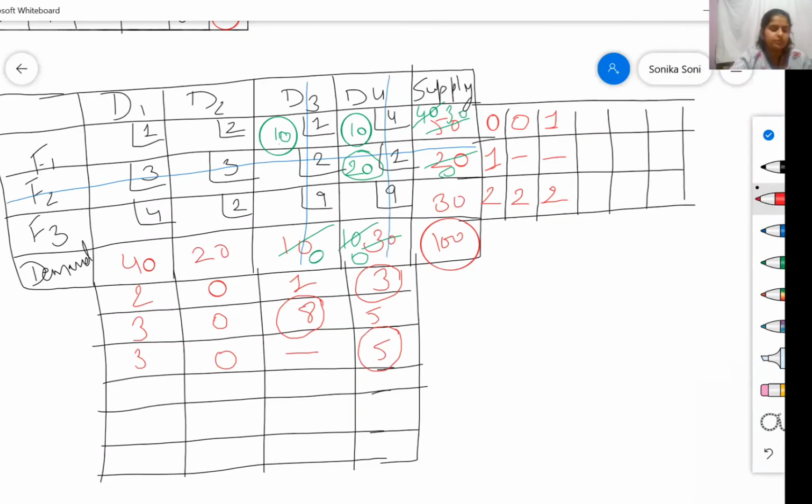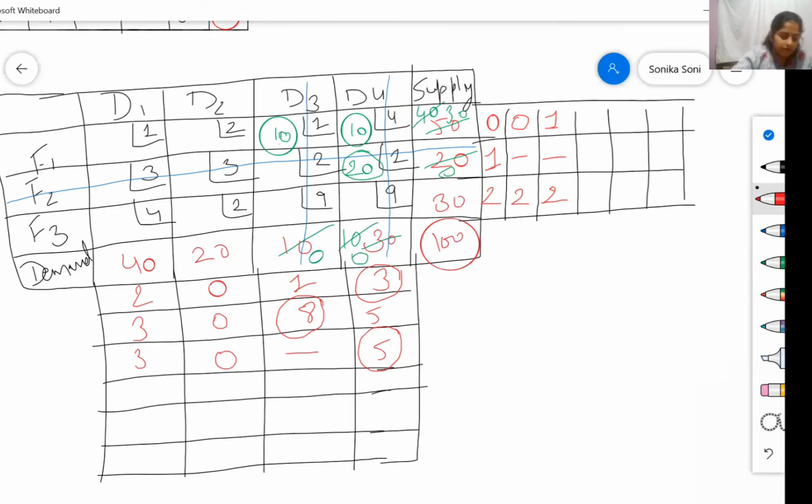Now for the fourth allocation we have to find out the penalties again. Now we can only see the penalties from the D1 and D2 columns and F3 row and F1 row, and we have to ignore D3 and D4 columns and F2 row.